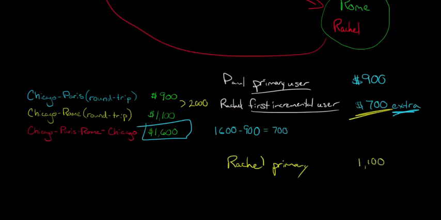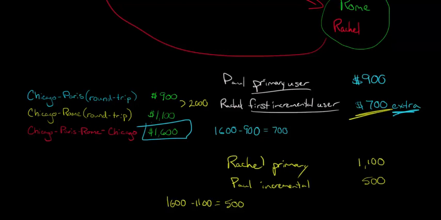But then when we ask how much gets charged to Paul, if Paul's incremental and our discounted rate is 1600, then we say, okay, 1600 minus the 1100 that Rachel is being charged, and that's going to be 500 extra. There's 500 incremental. So Paul is going to get allocated 500.